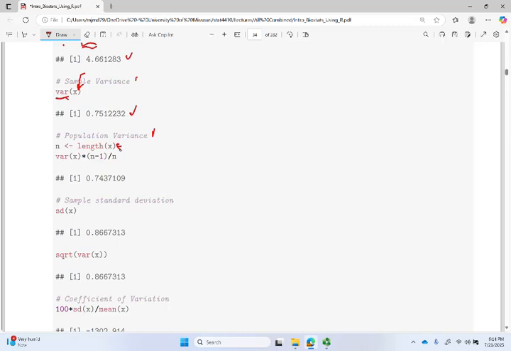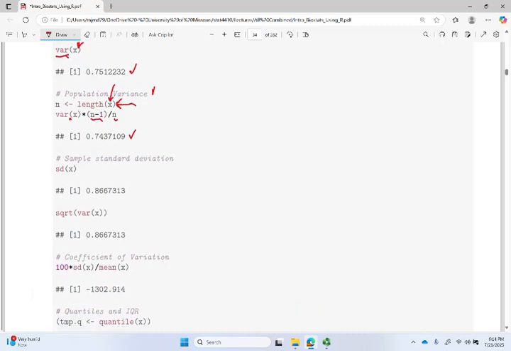You have to be careful there, because if one of those values is missing, the length still counts it, so you have to make sure it's non-missing. We multiply the variance by n minus 1, which gets rid of the divisor, and then we divide by n, and that's the population variance.